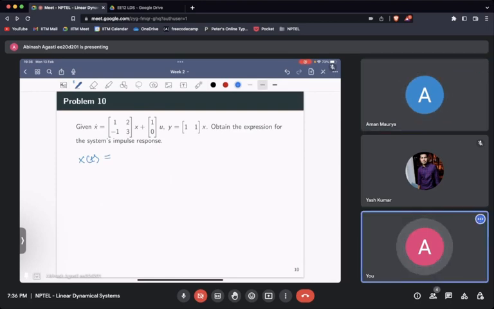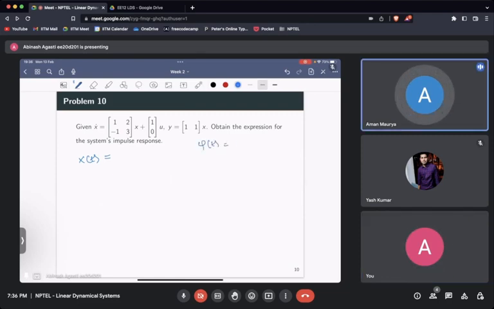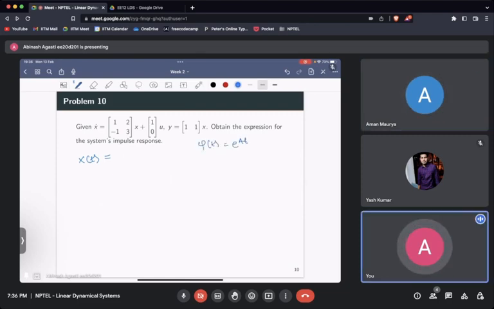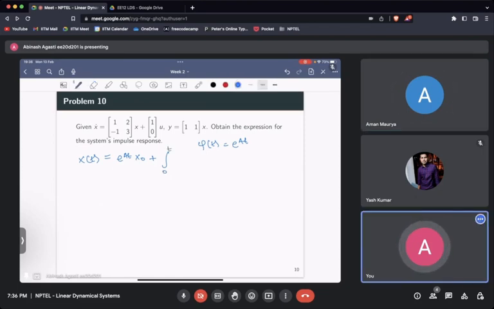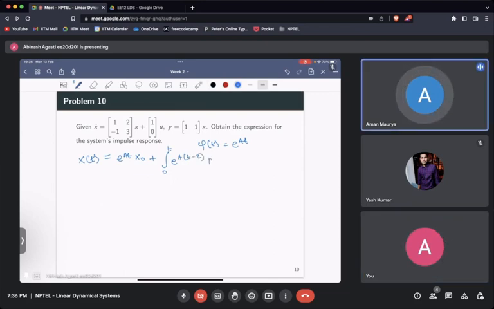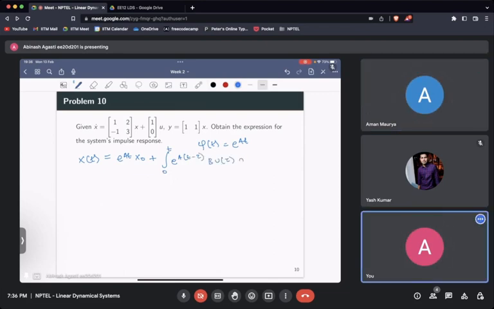But in terms of LTI, what is phi? We have e to the power At x naught plus the integral from 0 to t of e to the power A(t minus tau) B u of tau d tau.